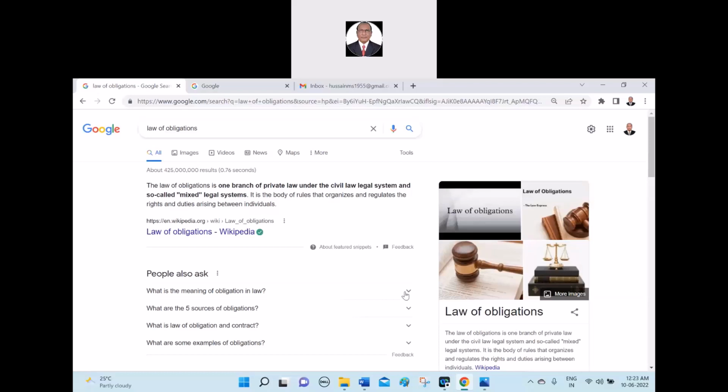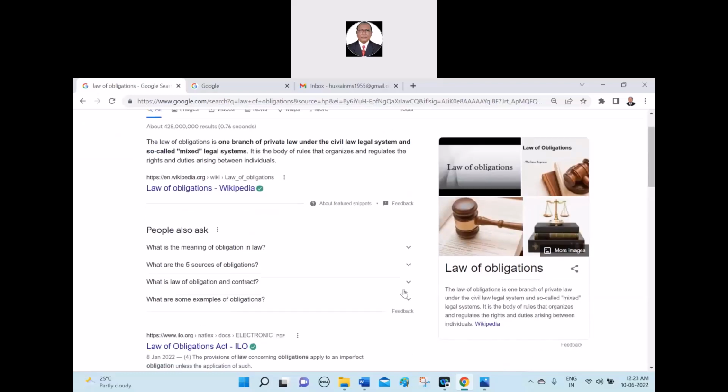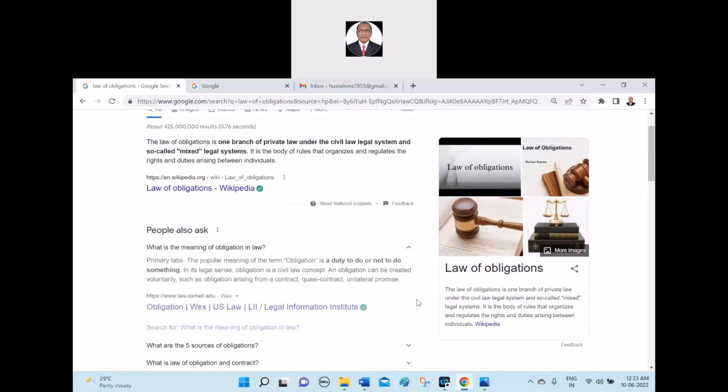See, if you see here, what is the meaning of obligation in law? Primarily, the popular meaning of the term obligation is a duty to do or not to do something. In its legal sense, obligation is a civil concept. An obligation can be created voluntarily, such as an obligation arising from a contract or a quasi-contract or a unilateral promise.